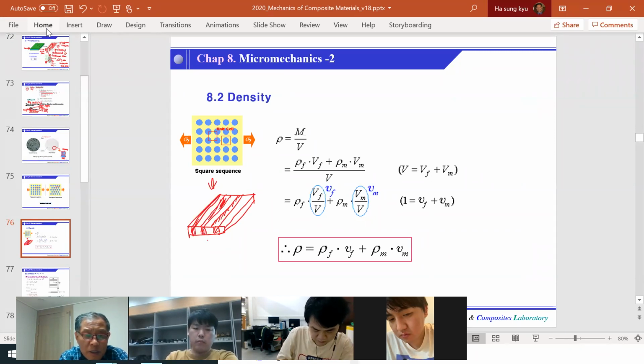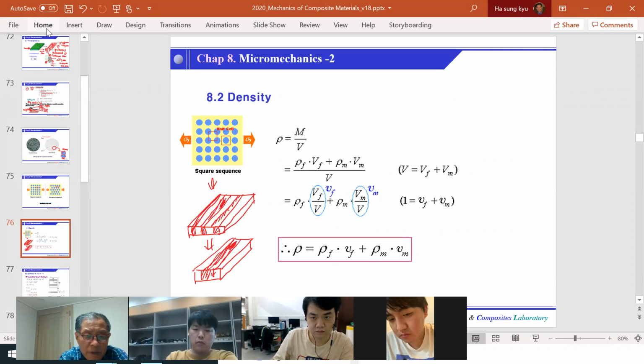And even this one can be further simplified, something like we have only one fiber.